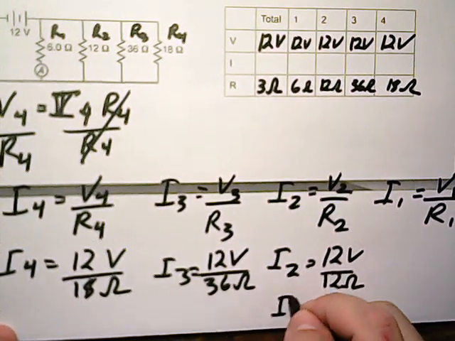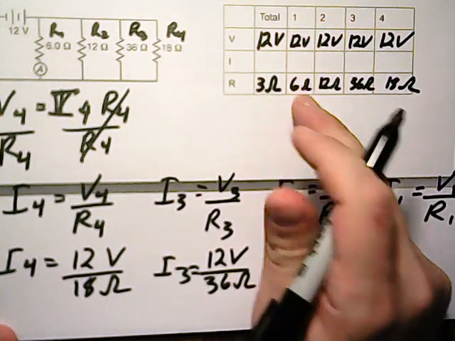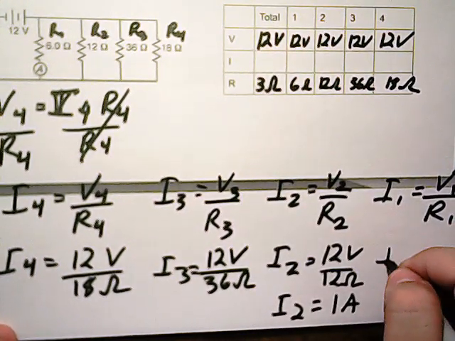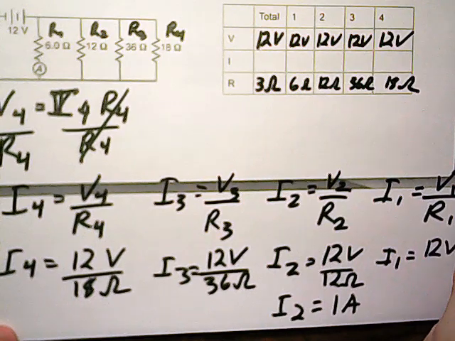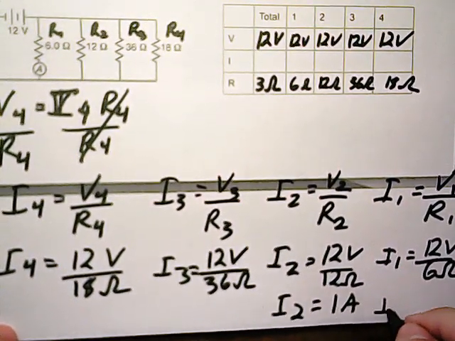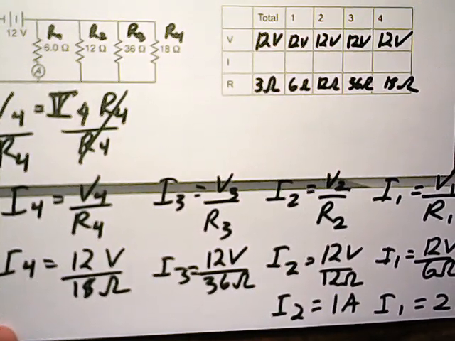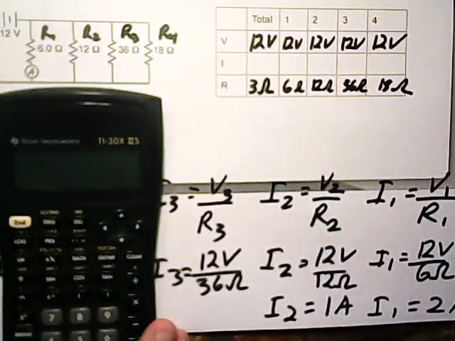That one's just 1. We don't have to do any math. And then I1 is 12 volts divided by 6 ohms. 12 divided by 6 is 2 amps. So here we just have to do the other ones.